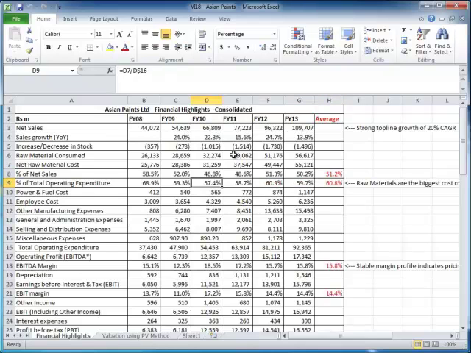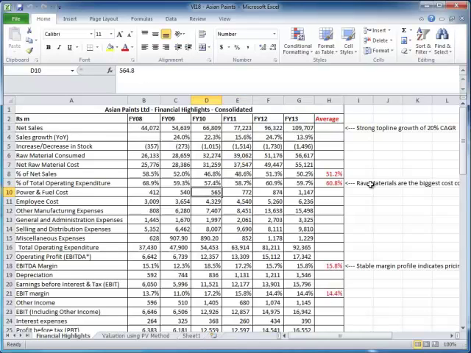And if we look at raw materials as a percentage of total expenditure, we get some pretty high numbers: 69%, then 59, 57, 59, 61, 60. They average to around 61%. What this tells us is that raw materials are definitely the biggest cost component for this company. They represent about 60% of the company's costs.